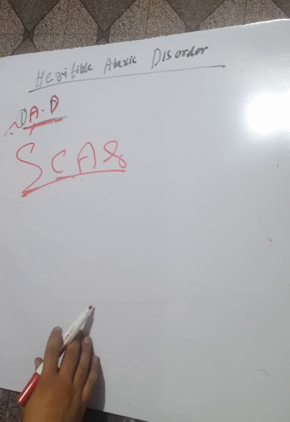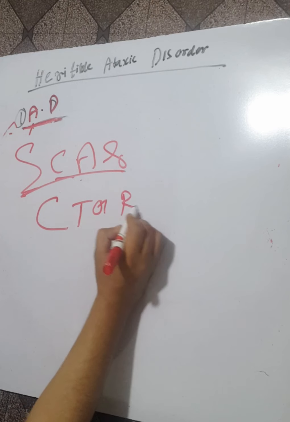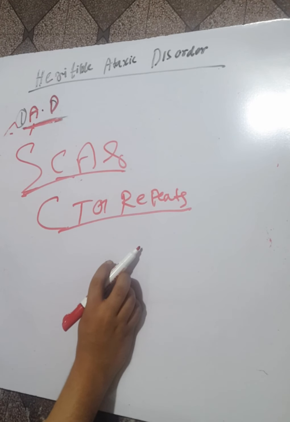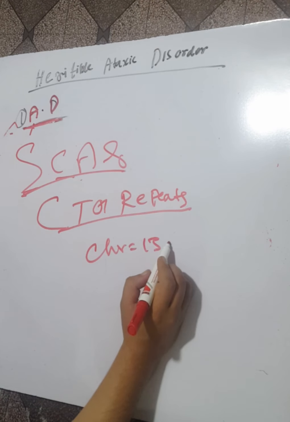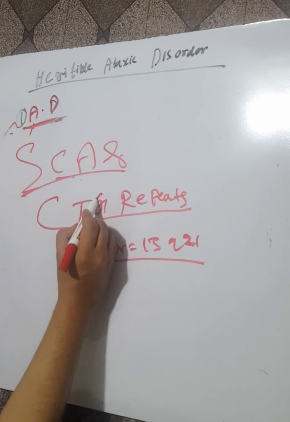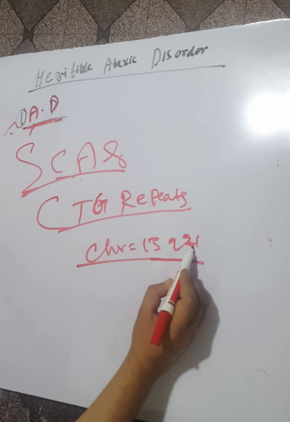This occurs due to CTG repeat expansion in the untranslated region on chromosome 13q21. The CTG repeat sequence occurs in the untranslated region of chromosome 13q21.